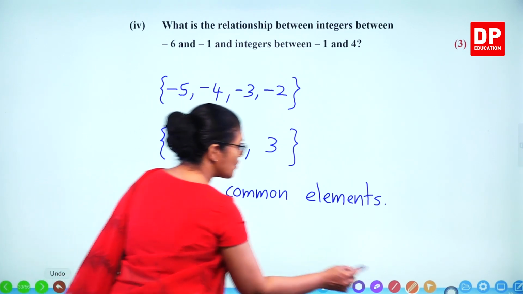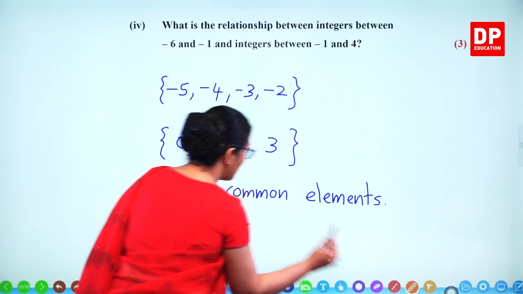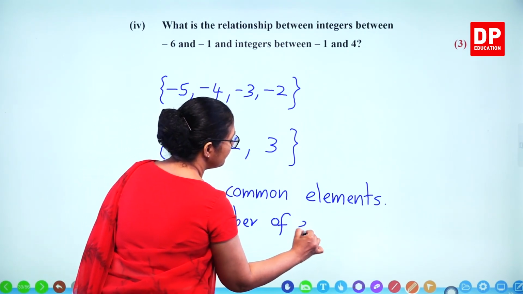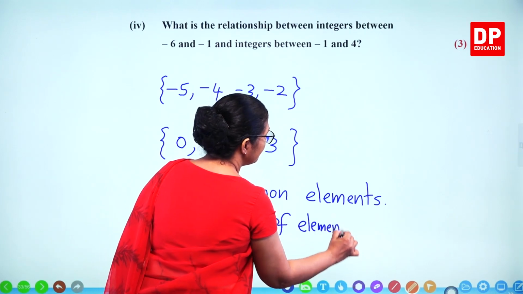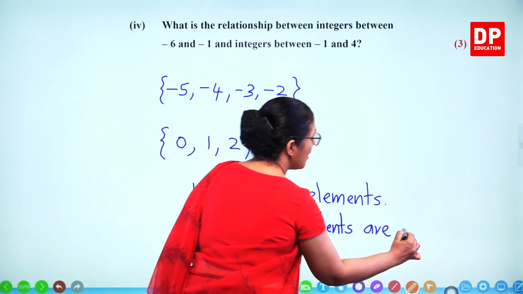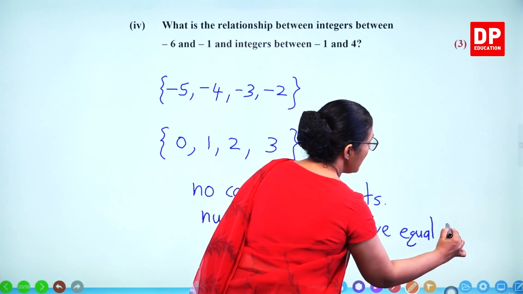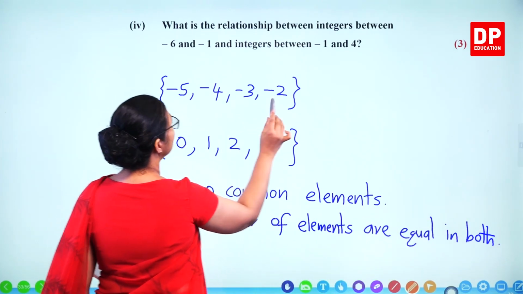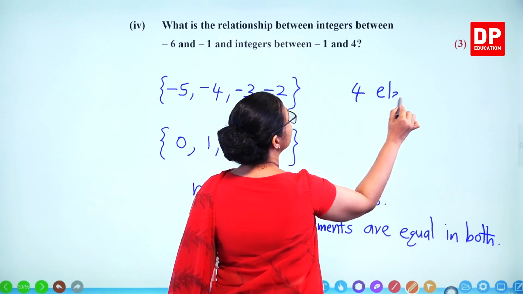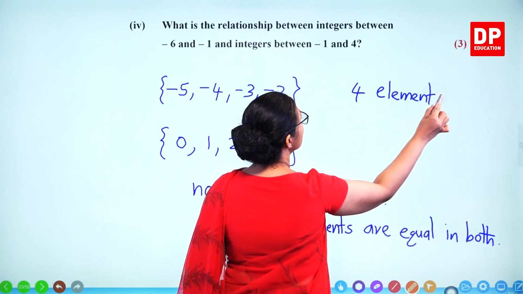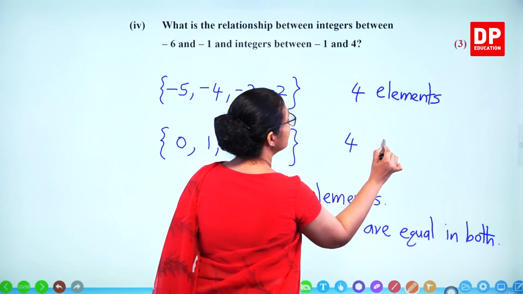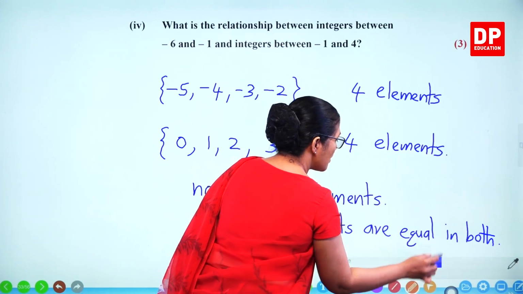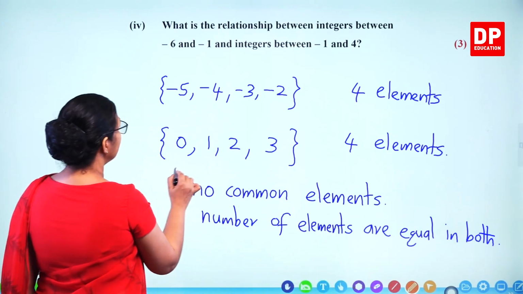I'll write down that also. You can observe number of elements are equal in both. So this is 4 elements. Here also 4 elements. So you get 3 marks.